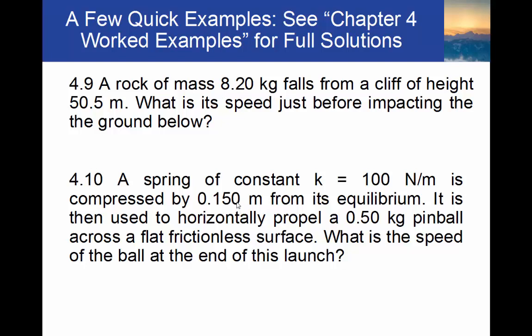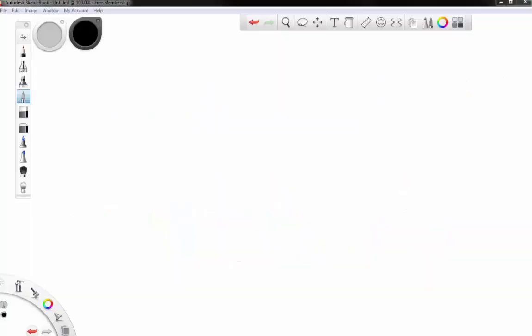In this example, you do need the mass. So let's look at this example with a spring that's being used to launch a pinball. Alright, so the spring is kind of tightly coiled. It's going to launch this pinball.